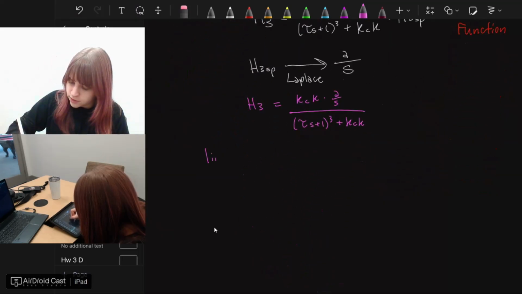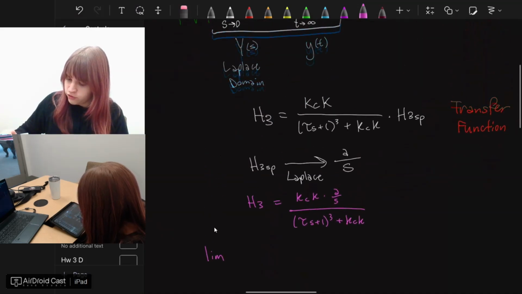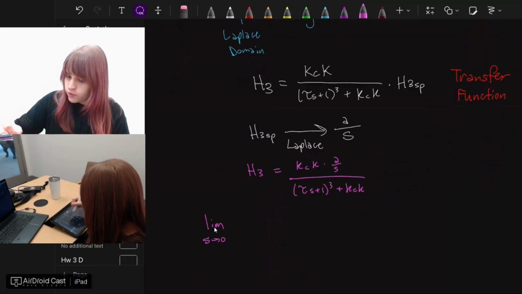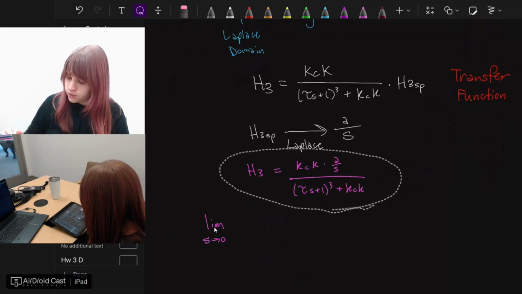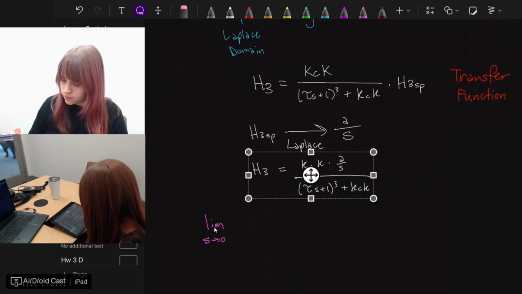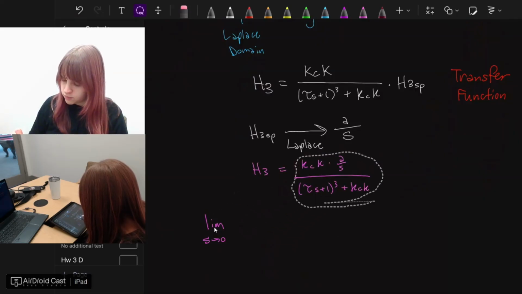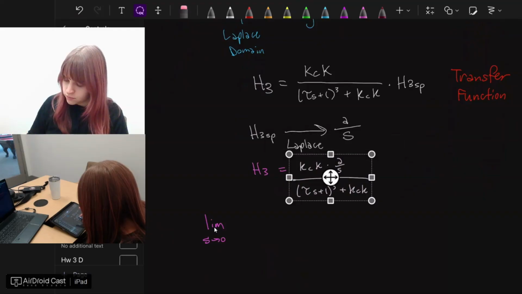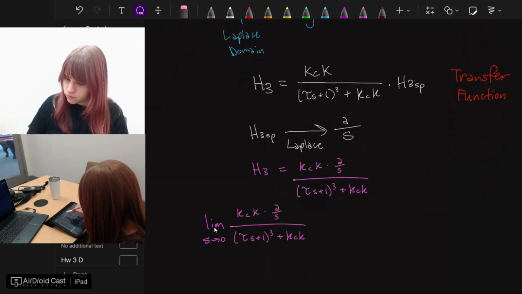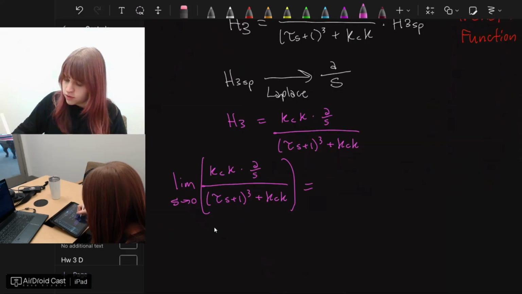The limit as s approaches 0 for this right here. We knew that this is going to be the steady state height.